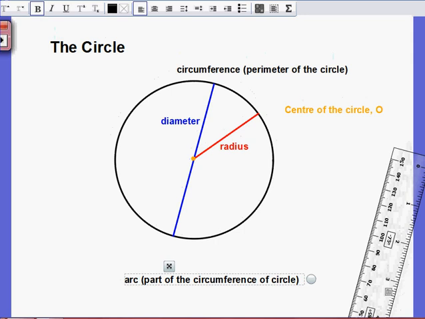Do you know any word in the English language where we use the word arc? We refer to arc in some way or another where we... Okay, so an arc is any part of the circumference of the circle.